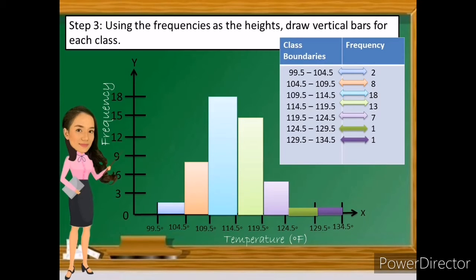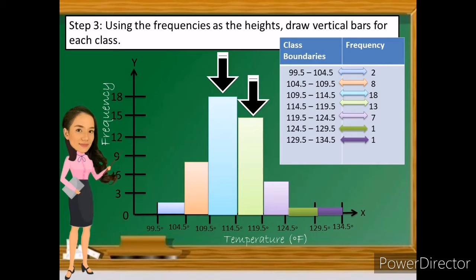So that is how we construct a histogram. As the histogram shows, the class with the greatest number of data values, which is 18, is in between 109.5 and 114.5, followed by 13 for 114.5 to 119.5. The graph also has one peak with the data clustering around it.